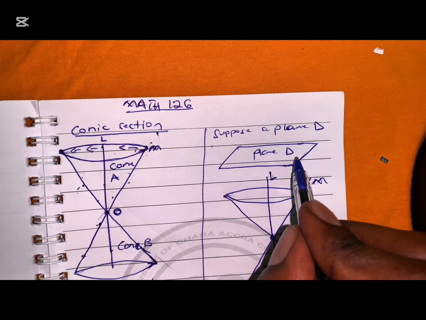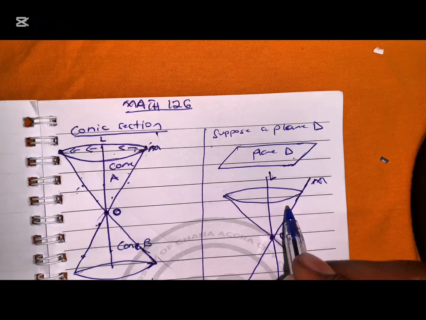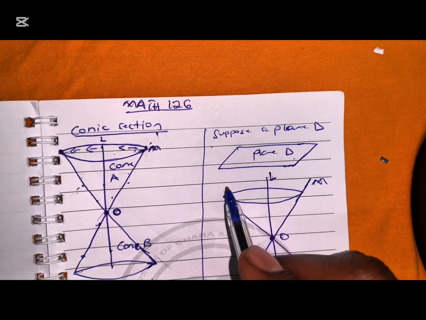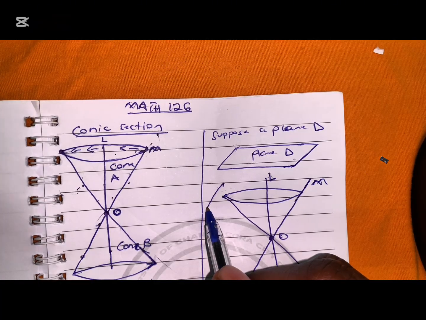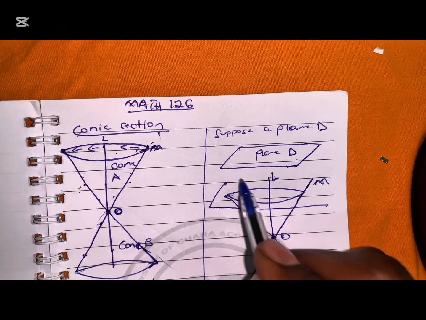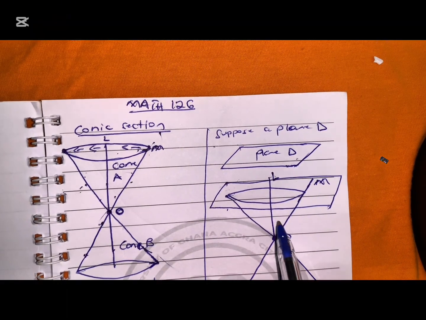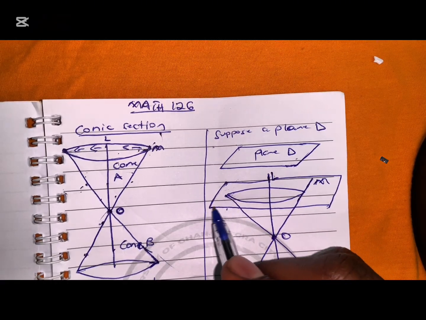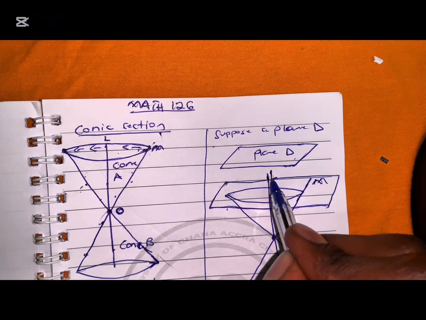So now, suppose this plane cuts the top cone in a right-angled, or perpendicular, way. When I say that, I mean that the plane cuts it in a way that the plane is perpendicular to our line L, right? So here's my plane, and this is my line L.